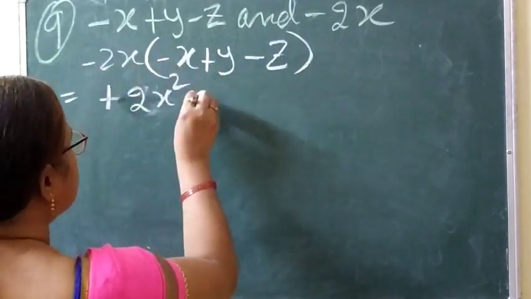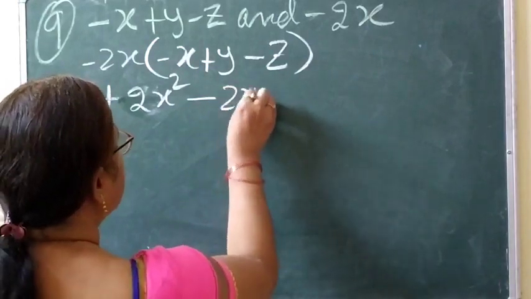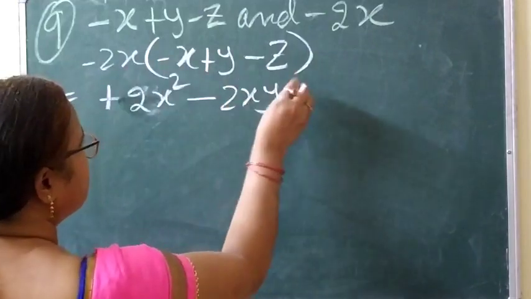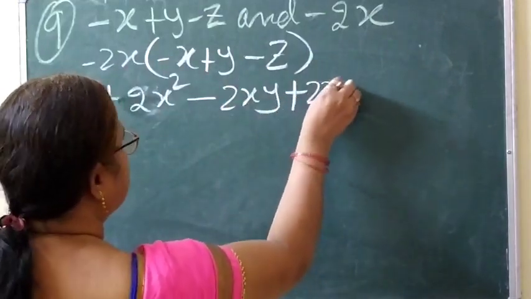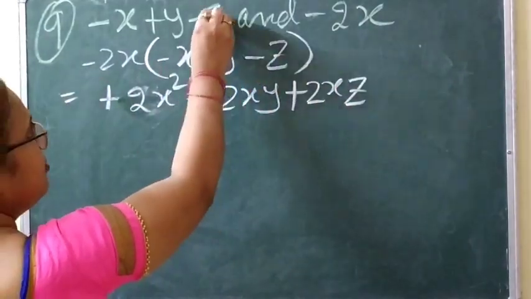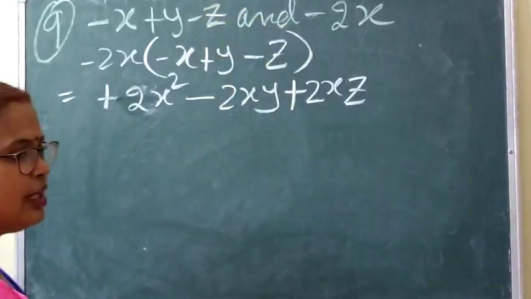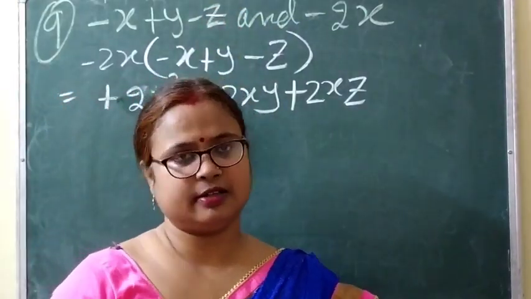Then minus into plus, minus 2xy. Then minus into minus, plus 2xz. Now I think it is very clear why I am putting this line here, so that you can easily differentiate between 2 and z.